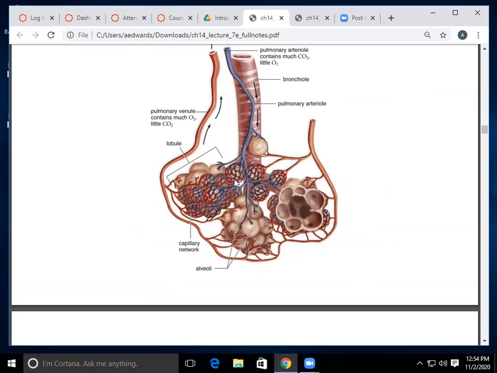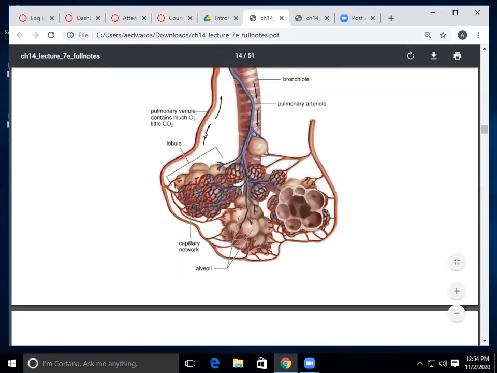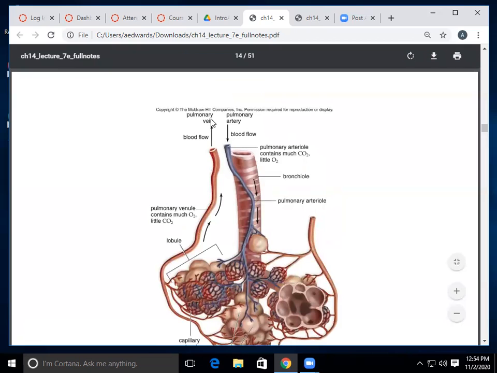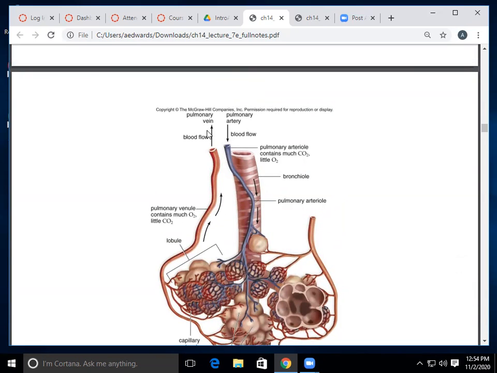So it's going to leave the arteriole and go into the alveoli so you can exhale it out of your body. Okay, so now here in these pulmonary venules, now you have high concentration of oxygen and low concentration of carbon dioxide. And these pulmonary venules will feed into the pulmonary veins, which will go back into the heart, okay, with oxygenated blood.